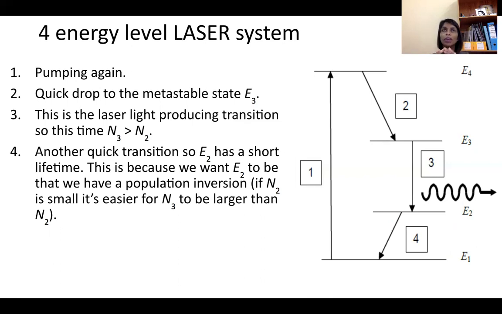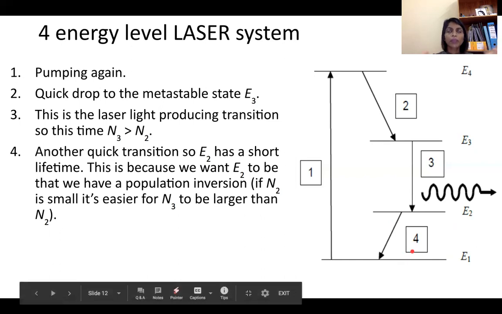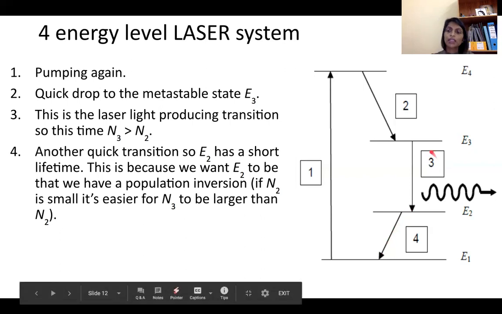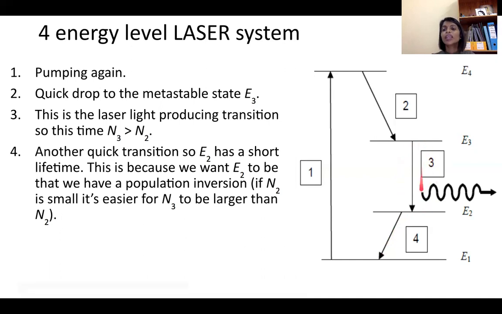And if the cavity diameter is smaller, more energy will be absorbed. So it's a very critical parameter when we are constructing a laser system. We need to take into account these electrons coming from E2 to E1, and it's a design parameter that goes with the cavity diameter and all. Right. So in a 4-level system, the lasing action happens between E3 and E2. Okay.